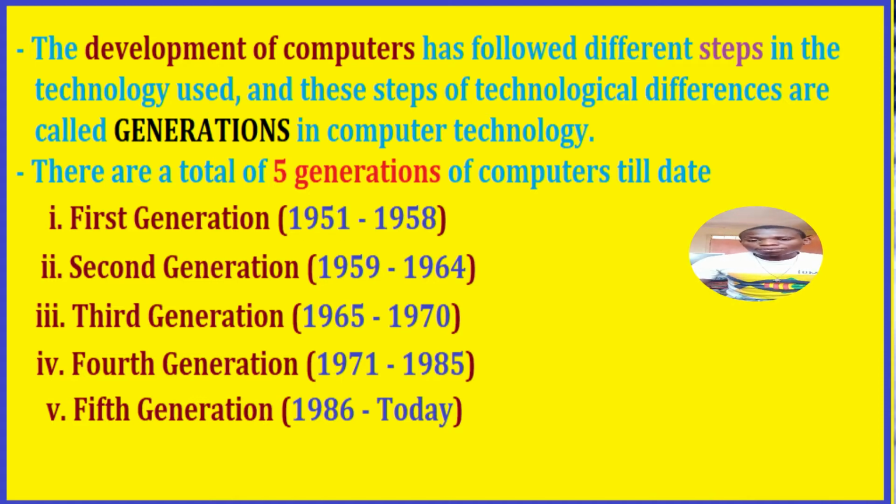Guys, it's also very important to note that the development of computers has followed different steps in the technology used, and these steps of technological differences are what we call generations in computer technology. There are a total of 5 generations of computers up to date. First generation, which occurred between the year 1951 to the year 1958.